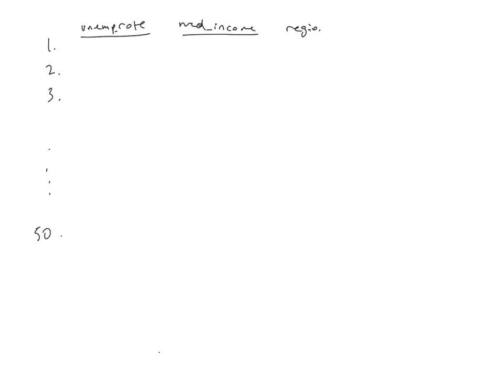For the first state, my unemployment rate was 8%, median income was $40,000, and the region is the Southwest. For my second state, unemployment rate was 7%, median income was $42,000, and this is in the Northeast. So I have data like this.